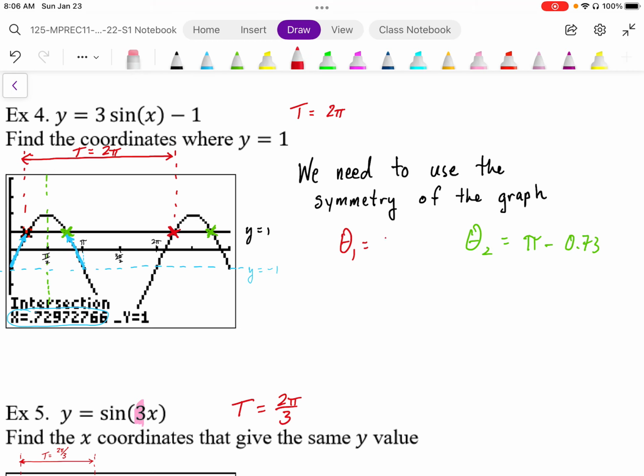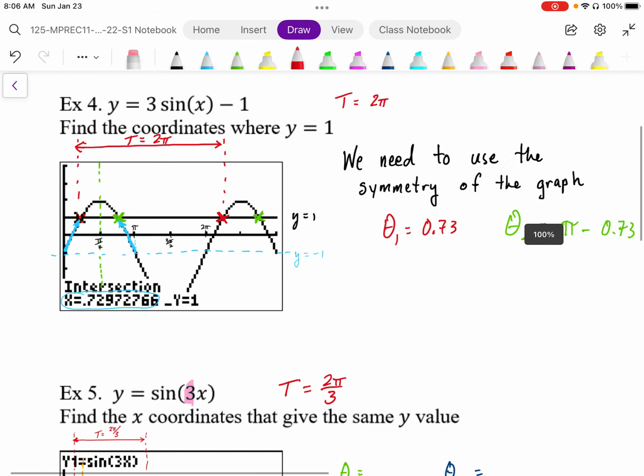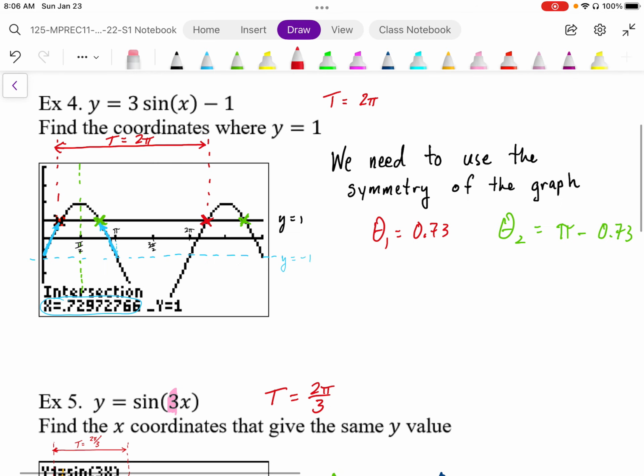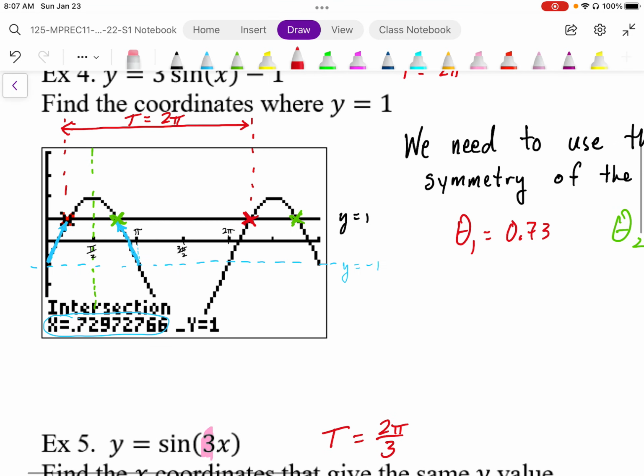Now, once we establish theta 1 and theta 2, really the other two coordinates are just based on the period. So we're going to use a period from 0.73. We're going to move 2 pi to get to that point there. And so that other angle is going to be 0.73, and we're going to add 1 period, which is 2 pi in this case.